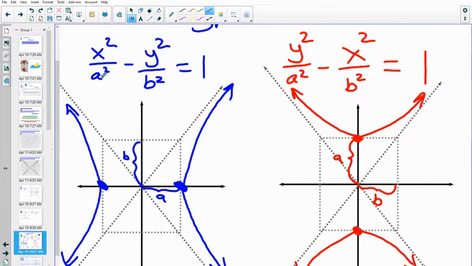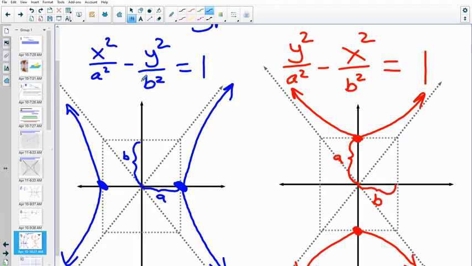X squared over a squared minus y squared over b squared equals 1, or switch the x and y values, and the only thing that does is switch where your vertices are and whether it's opening up and down or opening to the left or to the right. The A and B, I've taught hyperbolas in different ways.